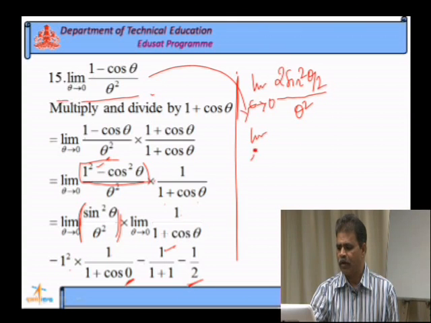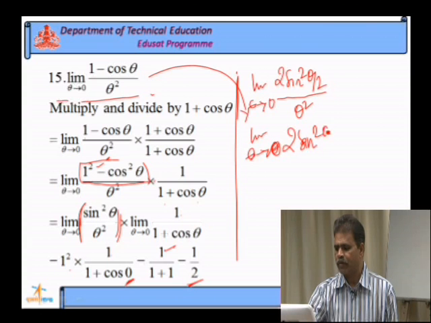That is limit theta tends to 0, this sin square theta by 2. I need theta by 2 in the denominator, therefore, I multiplied by 2 square and divided by 2 square.